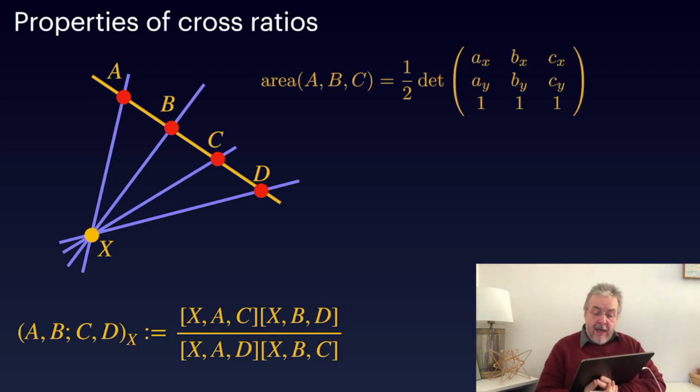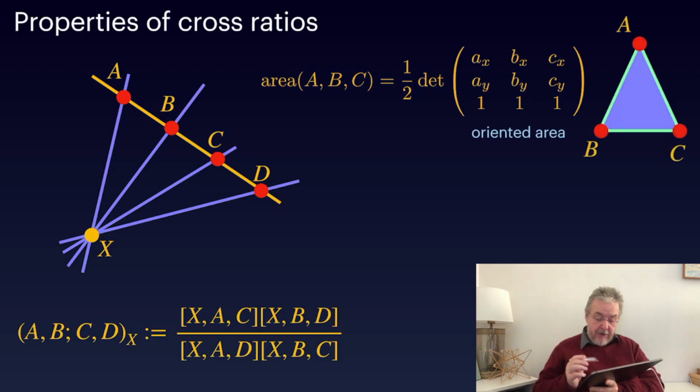And for that I need to recall some information from hopefully your linear algebra class. You should hopefully know that if you want to calculate the area of a triangle, so you are given 3 points A, B, and C, and you want to calculate the area of that triangle, it turns out to be the following measure.